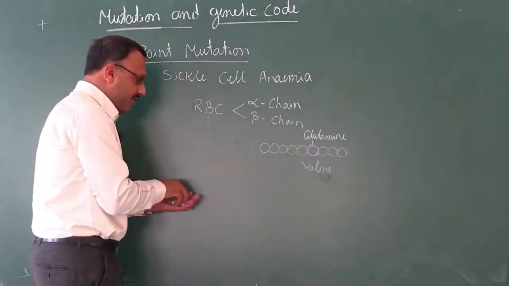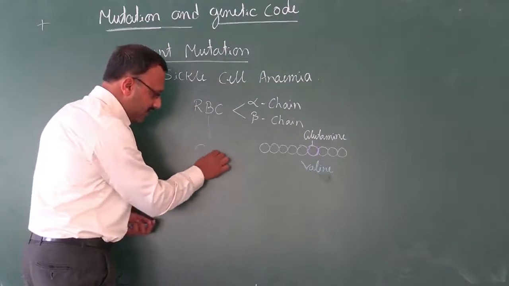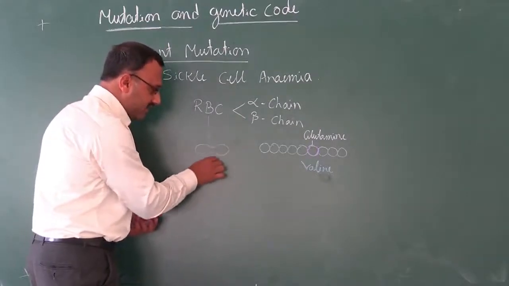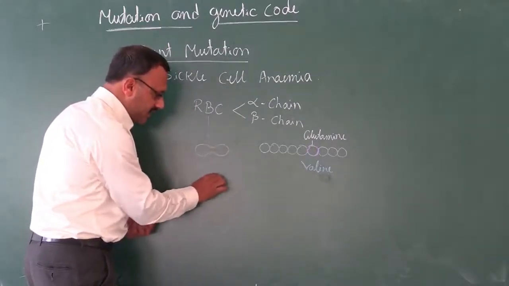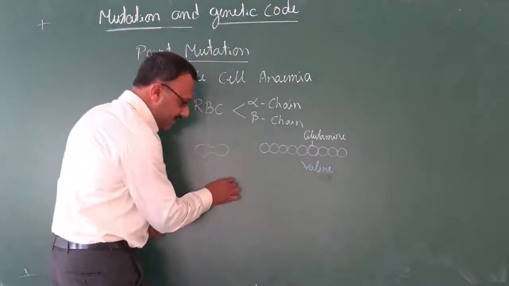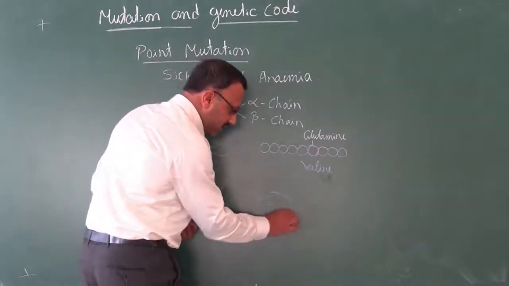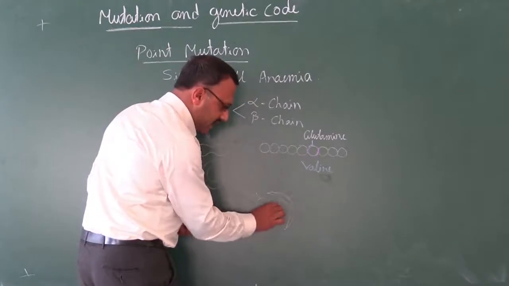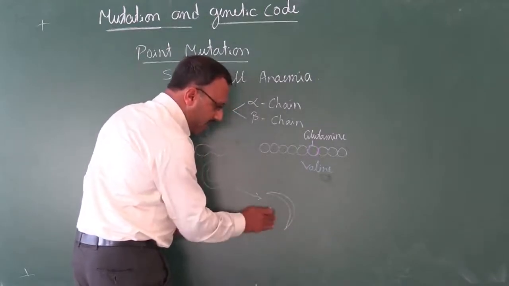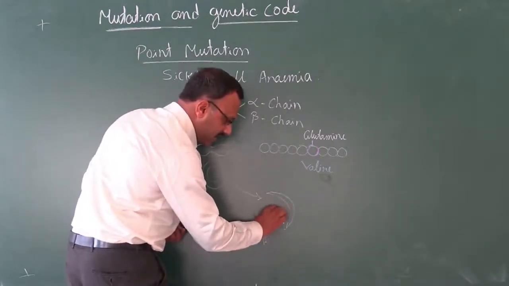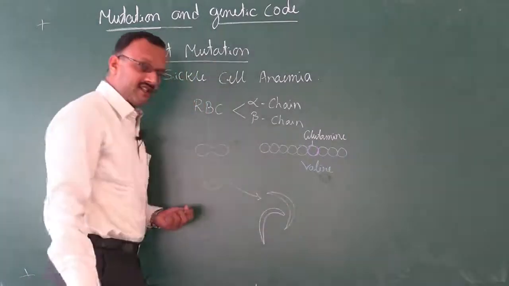Because of the replacement of glutamine with valine, the RBC, which has a somewhat biconcave or disc-like shape, will turn into a sickle shape. All RBCs will turn into a sickle shape.